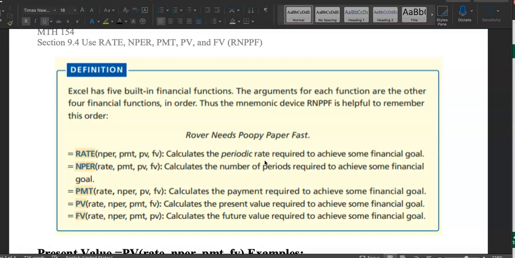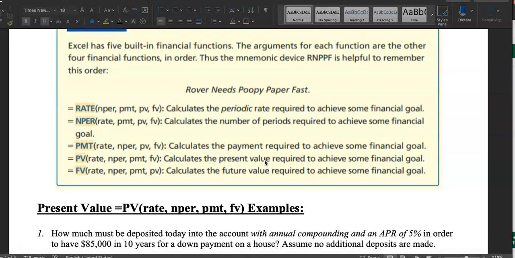So what I want you to be able to do today after this lesson is know that these functions exist, and be able to read a word problem and pick out which one of these, well, I say 5, but really we're only going to be using 3 functions, is appropriate for us to use in order to find the answer. So please know that these functions, payment, present value, and future value functions exist, and we're going to practice how to use them in this lesson together, okay?